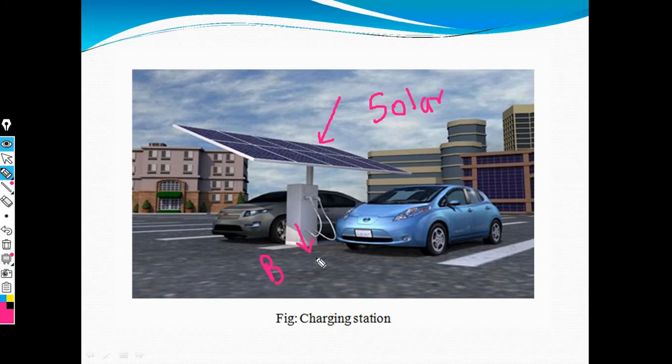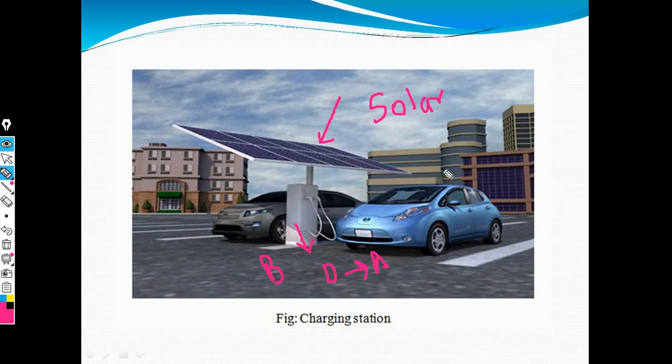The main function of the inverter is to convert DC to AC, and this AC supply is given to the battery. Also, in the vehicle we require a converter, and this converter converts AC to DC, and finally the battery is charged with the help of the DC supply in the vehicle.